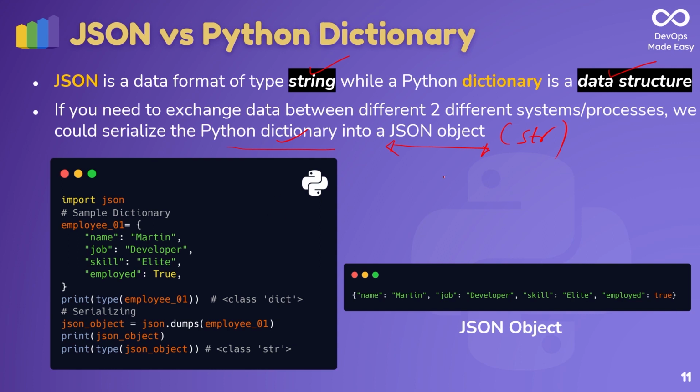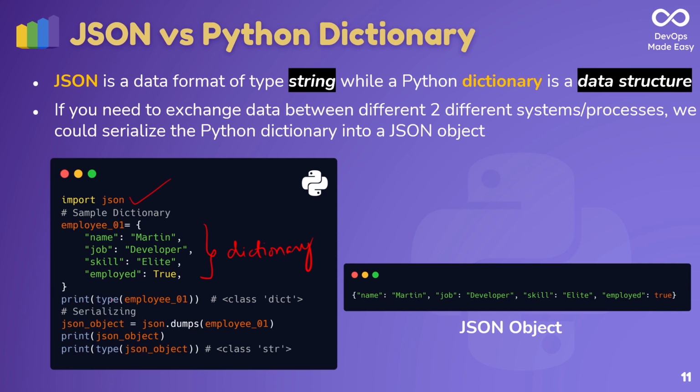We can prove this programmatically. For this, I have an example program written in Python. I'll be using a dictionary as an input. I'll be importing the JSON library, and then I have here employee1 as a dictionary, and the values are name, job, skill, and whether he is employed or not, as a complete dictionary.